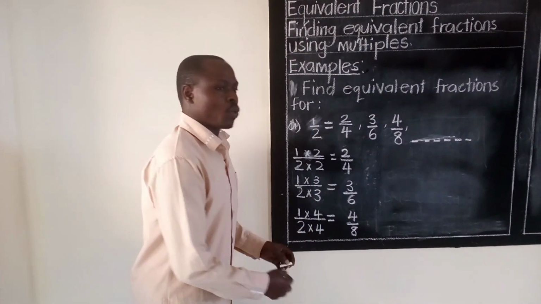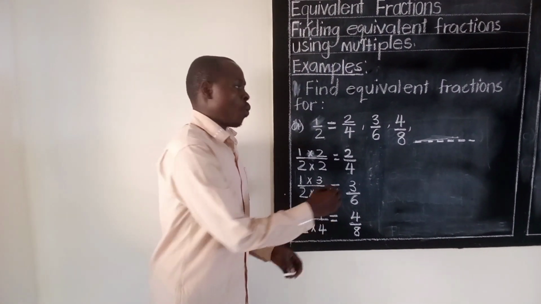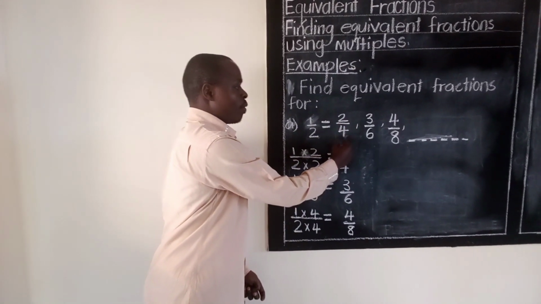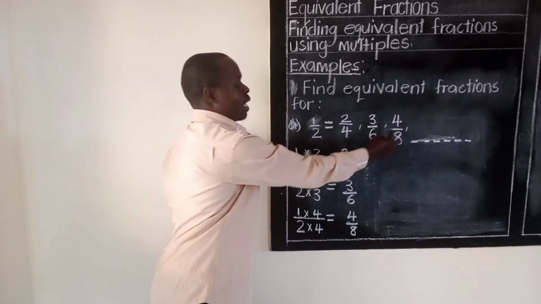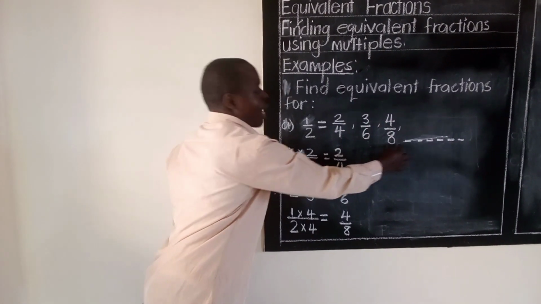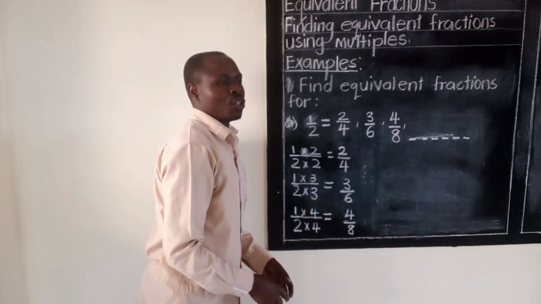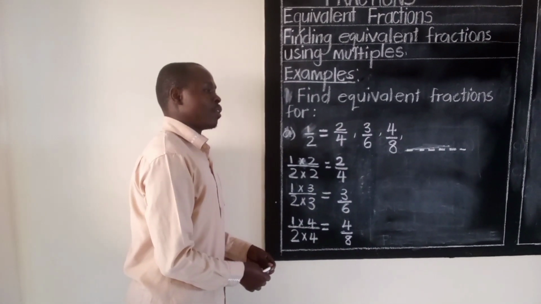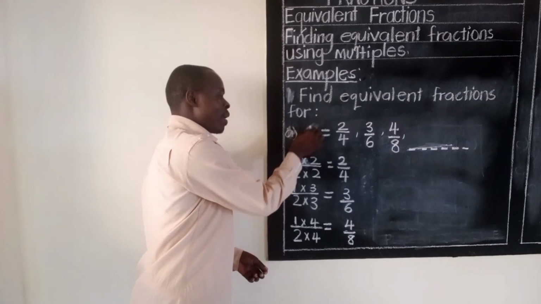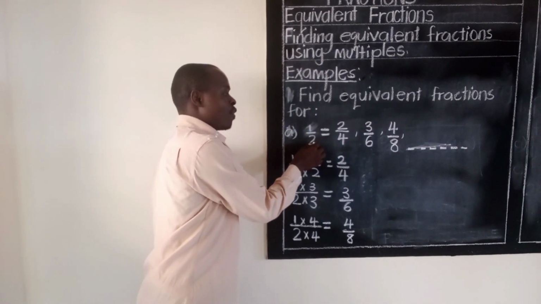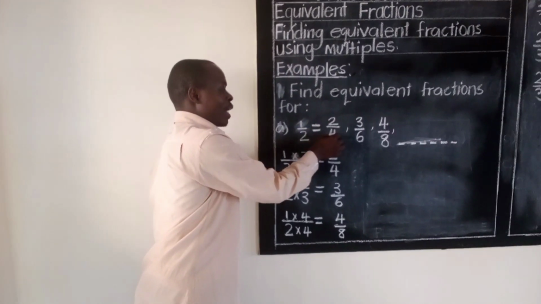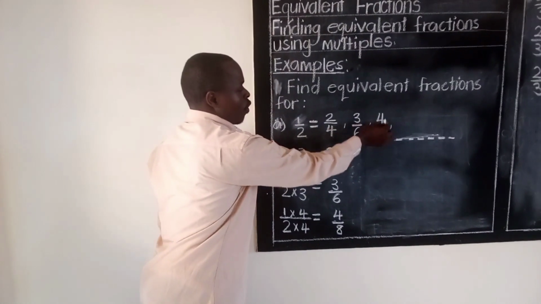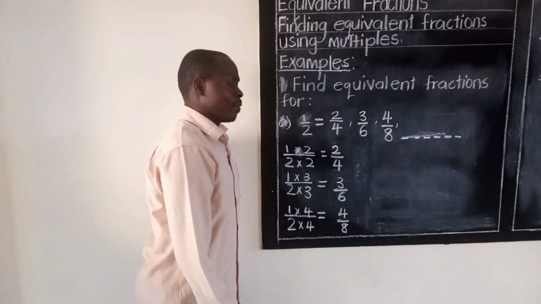Therefore, we write the ones we have got: 2 out of 4, 3 out of 6, and 4 out of 8, and many others, as you can continue to multiply. So this means that 1 out of 2, or a half, is equal to 2 quarters, is equal to 3/6, is equal to 4/8.